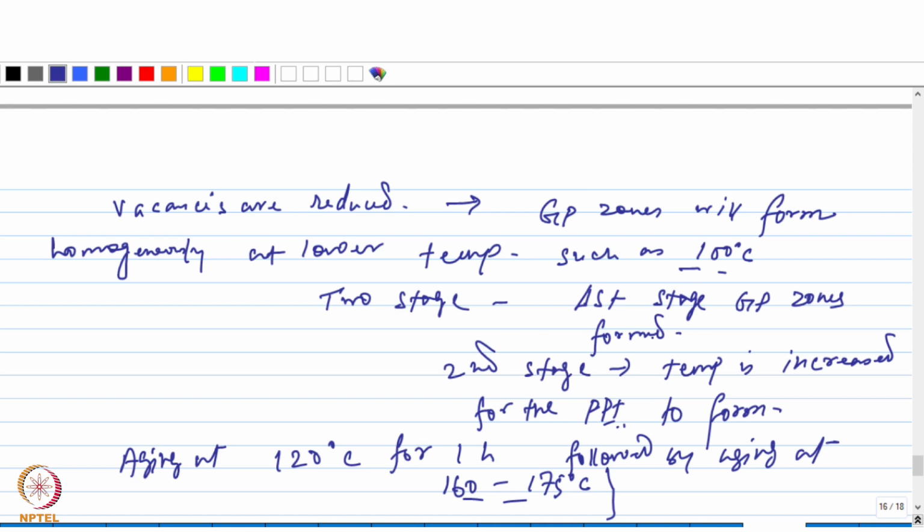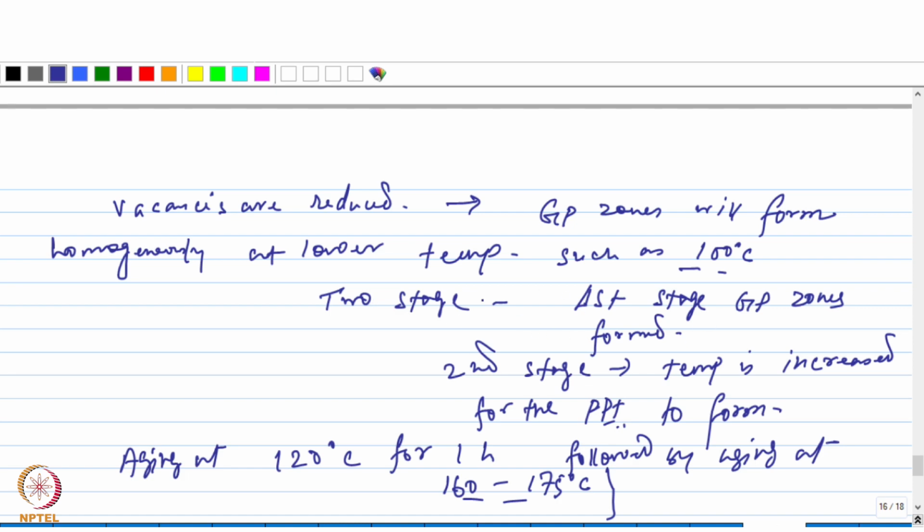And in certain scenarios, particularly if you have low vacancy concentrations, then the GP zones will form homogeneously rather at lower temperature, and therefore at times it is better to carry out a two-stage aging process for the 7000 series alloy rather than a single stage process.